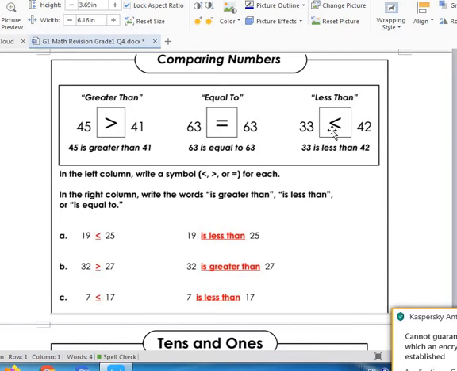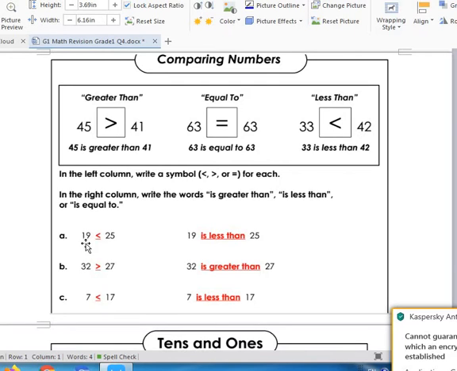Do you remember the mouth of the sign? It will eat the greater. Its mouth will be opened to the greater, because it is very hungry. So 33 is less than 42.